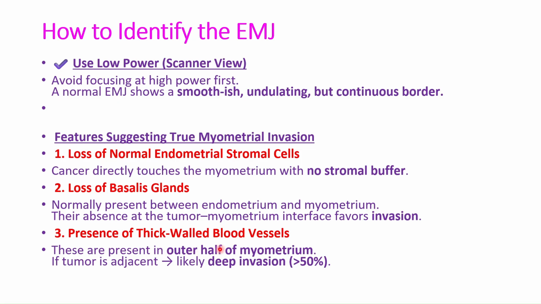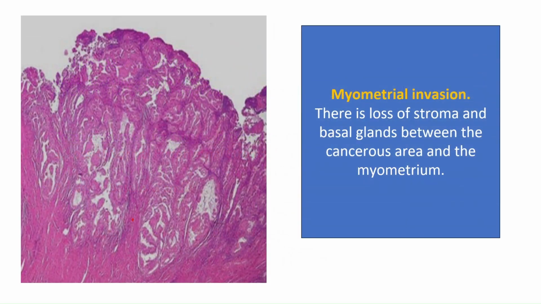Third is the presence of thick-walled blood vessels. These vessels are helpful because normally they are present in the outer half of the myometrium. The inner half of the myometrium is devoid of thick-walled blood vessels. So if tumor is adjacent to these thick-walled blood vessels, then it is suggestive of deep invasion.